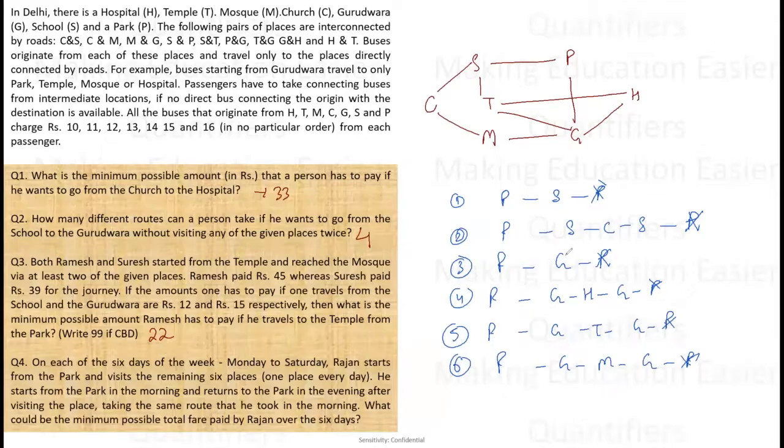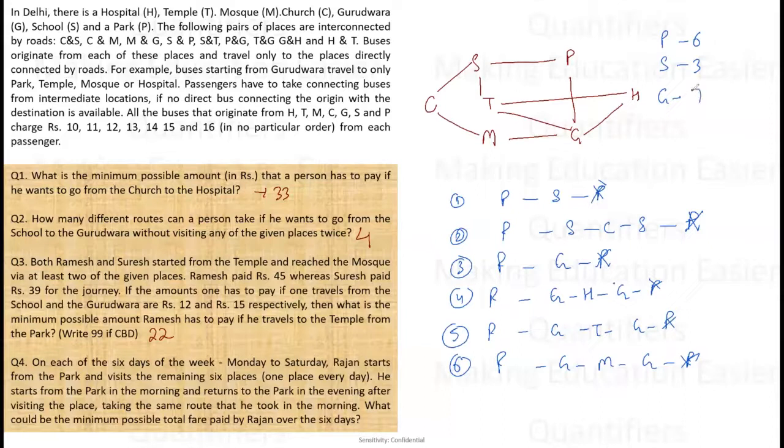So now, how many times is P used? P is used 6 times, as a starting stop, once on each of the 6 days. Nothing else. S is used how many times? 1, 2, and 3. S is used 3 times. How many times is G used? G is used 1, 2, 3, 4, 5, 6, 7 times.